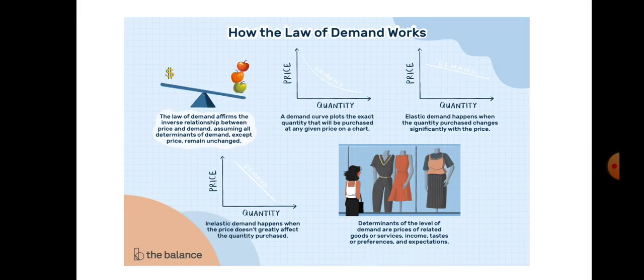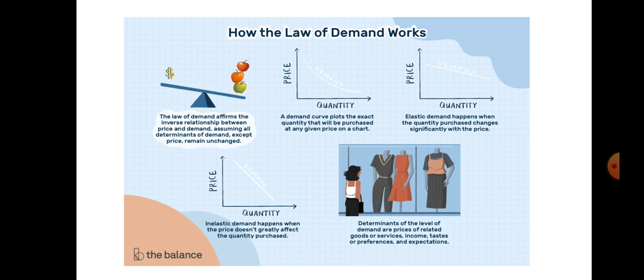So here you are seeing how the law of demand works. You can understand it easily. The law of demand affirms the inverse relationship between price and demand, assuming all the determinants of demand except price remain unchanged. So when the price increases, the demand decreases, and that can be measured in terms of quantity.